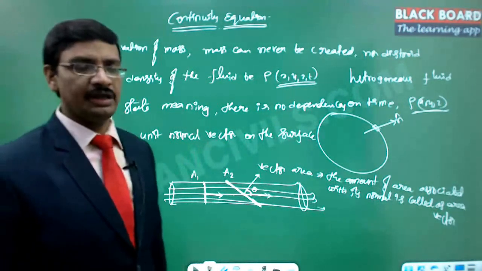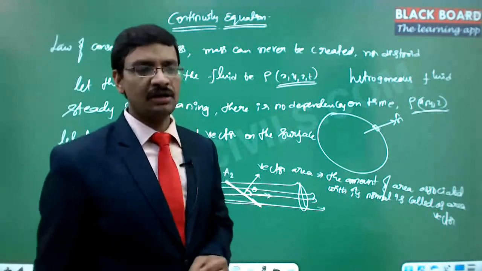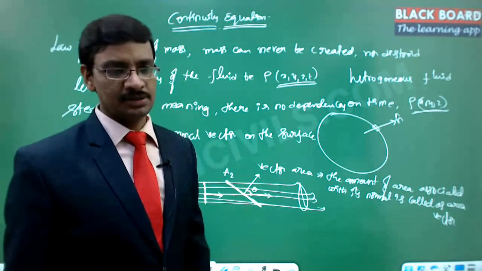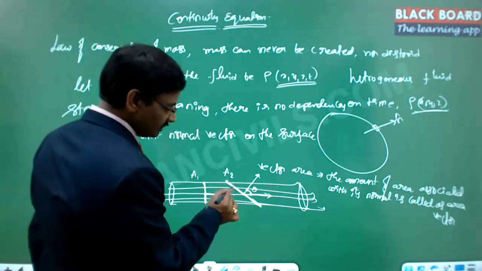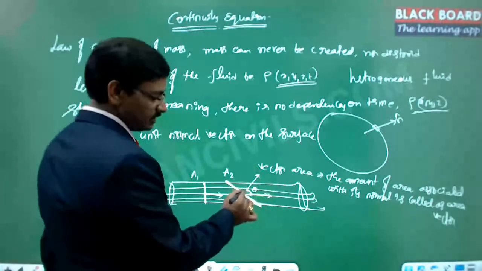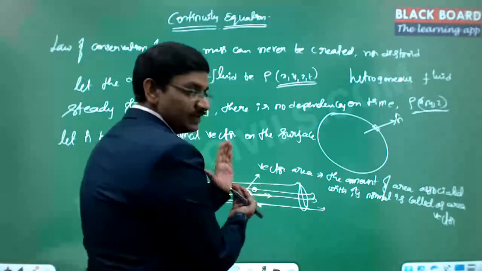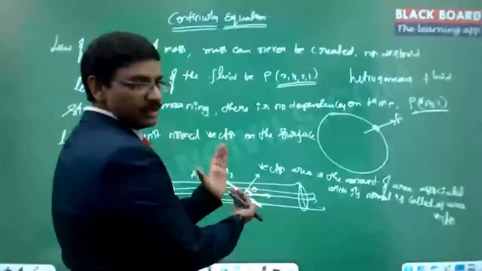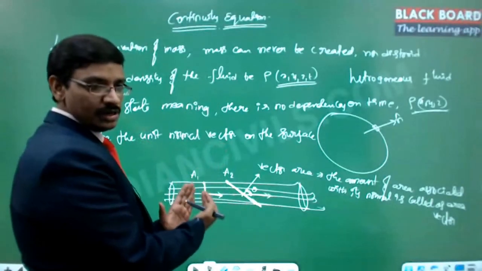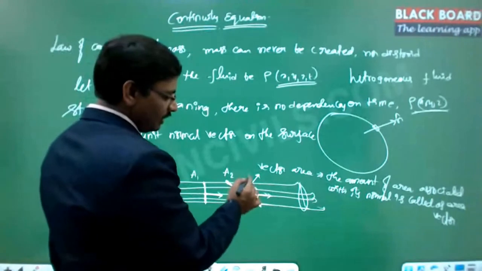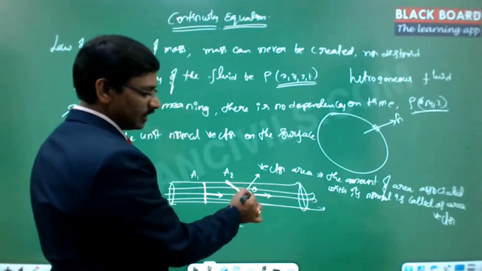Whenever we talk about an area, it is always treated as a vector whose direction is normal to that particular surface. Now here in this particular case, the normal is exactly this way, and it is making an angle of theta with respect to the flow. Then if I tilt this area like this, it will be the effective area. That means this area A2 multiplied by cos theta.